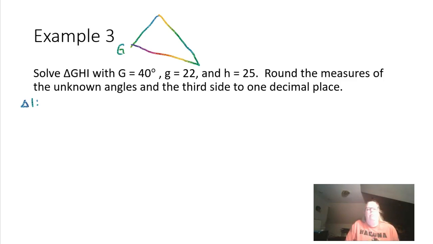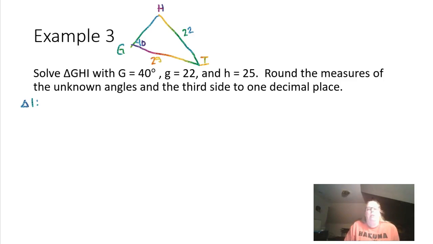Here's angle G, which we know is 40. Here's angle H. We know nothing about that, but we do know side H is 25. And then here is angle I, which we know nothing about, but we do know that side G over here is 22, and you can see we have our angle side-side situation.